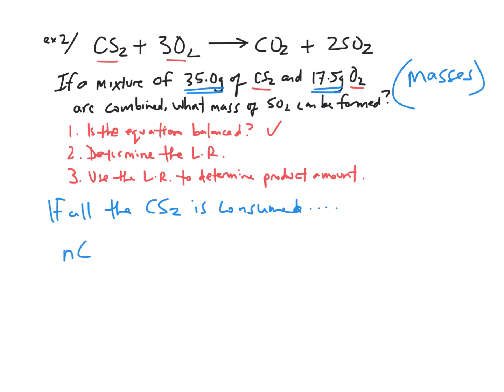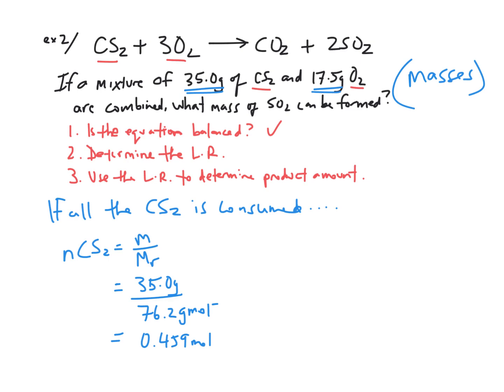The moles of CS2 is going to be equal to mass divided by molar mass. We have 35 grams. The molar mass, if you get the periodic table and add 12, and then each sulfur is 32, is around 76.2. So we know that there are 0.459 moles of CS2.